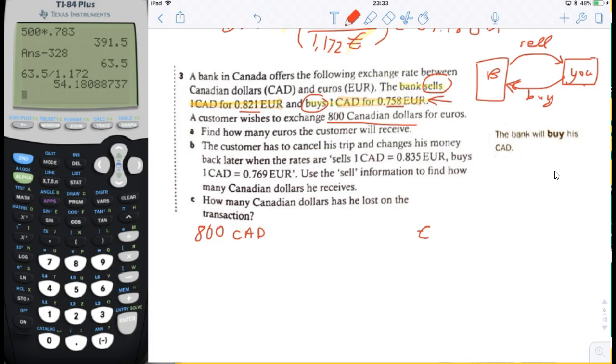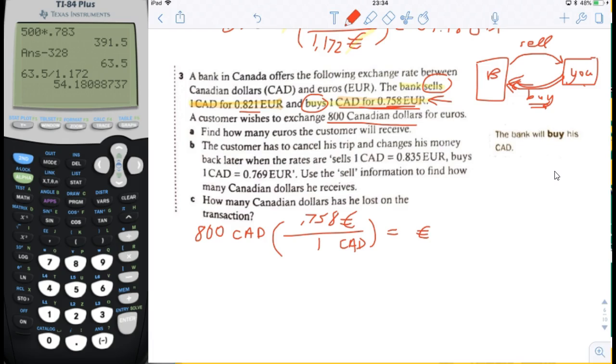into euros. In order to do that, we want a domino that has Canadian dollars in the denominator and euros in the numerator, right? Canadian dollars in the denominator and euros in the numerator. So which exchange rate are we using? We said we're going to use this one because in this case the Canadian dollars are going to the bank, and if the Canadian dollars are going to the bank, it's buy. So it's 0.758 euros. And the 0.758 goes on top because it's 0.758 euros and we want the euros on top.